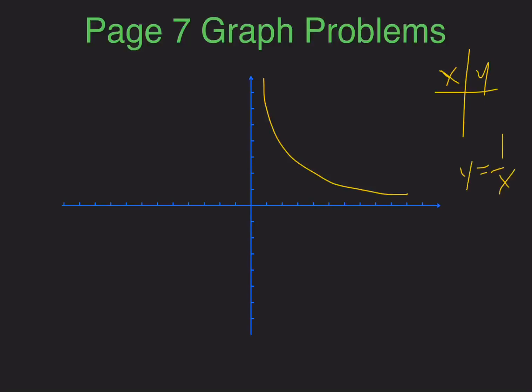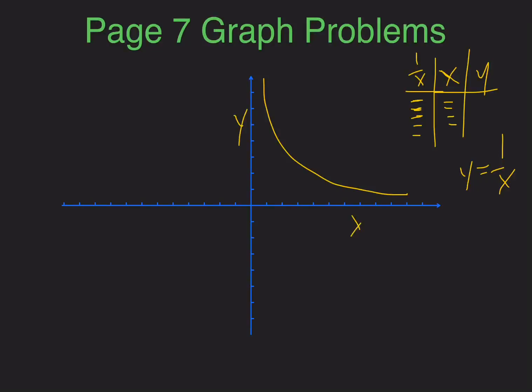So what we do is we take this x data here, and we make a new column, and we turn all this x data into 1 over x data. So we would do 1 divided by this first x, and we put it there, and 1 divided by the second x, and we put it there, and we'll let Google Sheets do this for us. And then what we would graph is, on our graph, this is y and this is x.